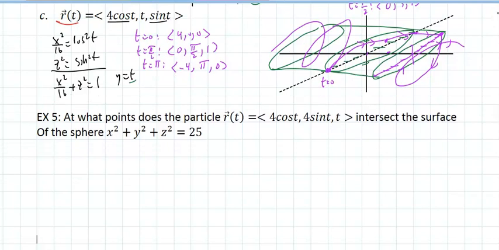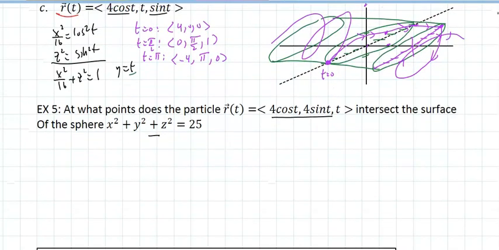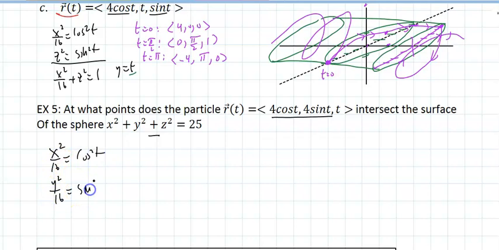At what point does this particle intersect this? Well, let's see how that works. This is the same graph as I did, except I manipulated that a bit. This is now x squared over 16 equal cosine squared of t, and y squared over 16 equal sine squared of t, which means x squared over 16 plus y squared over 16 equals 1.